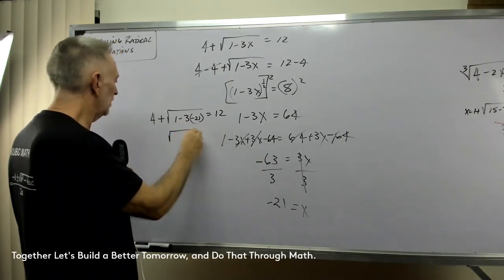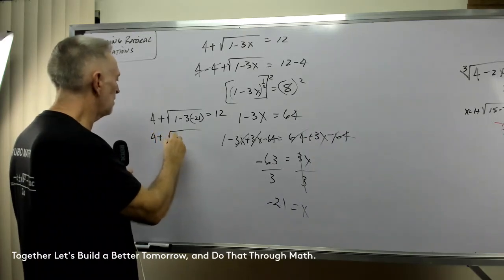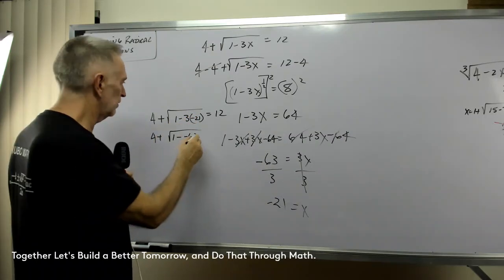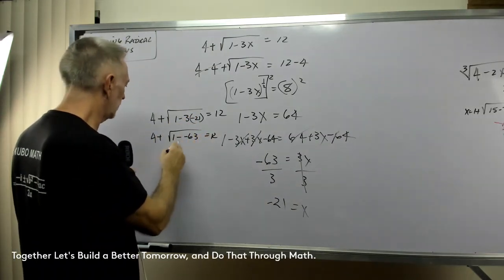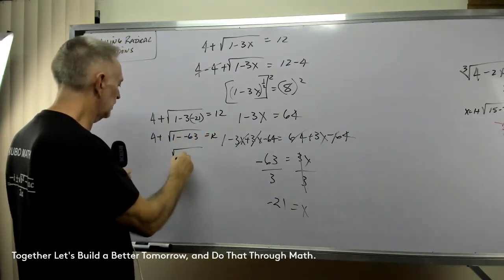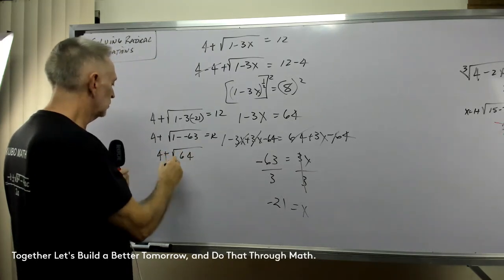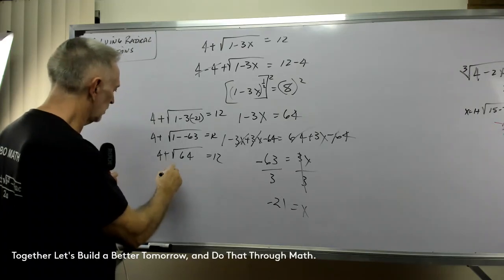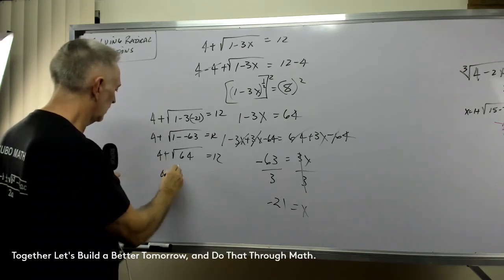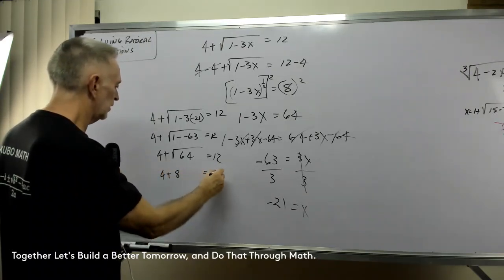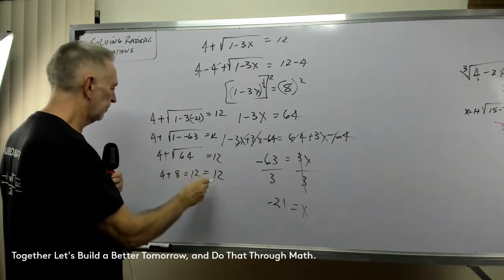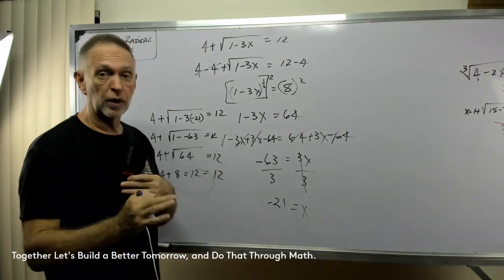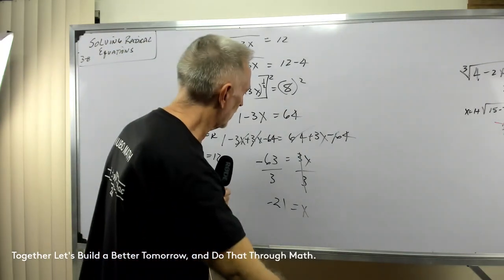So now I have 4 plus the square root of 1 minus a negative 63, minus a negative plus a positive. It's supposed to equal 12. So that ends up being the square root of 64, right? So 4 plus the square root of 64. The square root of 64 is 8. So 4 plus 8 does in fact equal 12. So x equals negative 21 was in fact the correct solution.